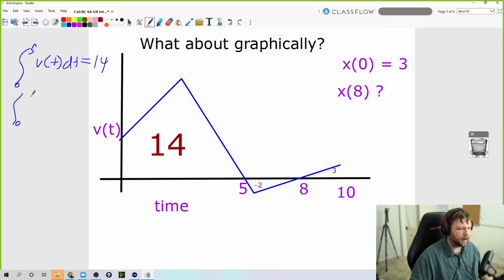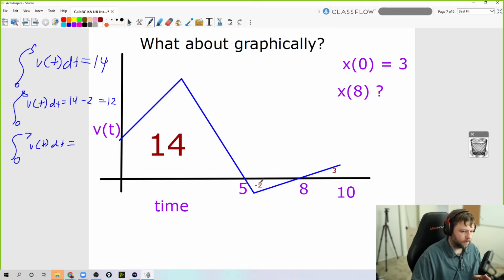And if I asked you the area under the curve from 0 to 8 of v of t, well, I have to add up both these areas. So this is 0, this is 8, so it's going to be 14 minus 2. It's going to be 12. Now, if I asked you the area under the curve from 0 to like 7 of v of t, I know these are straight lines, but imagine these were just some weird curved lines. 7 would be kind of right here, right?